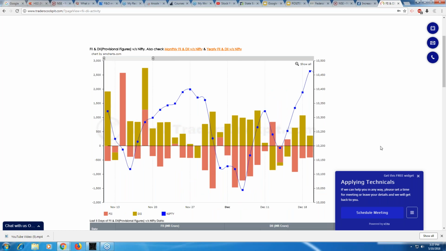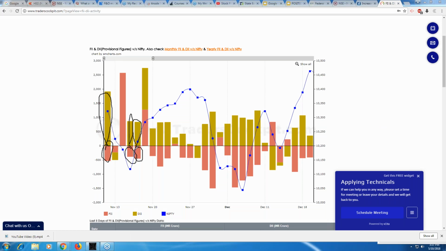Means the FII, let me call it F2, and this is D2, they're opposite to each other, right? If FIIs are selling, then DIIs will buy. Usually it's like that.